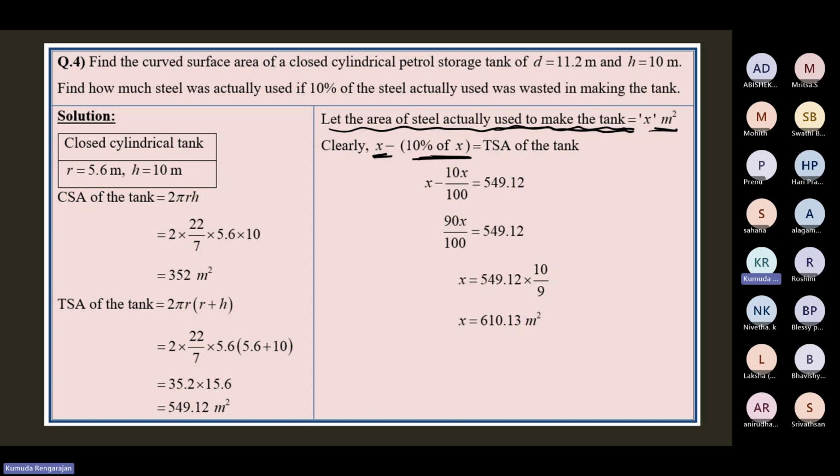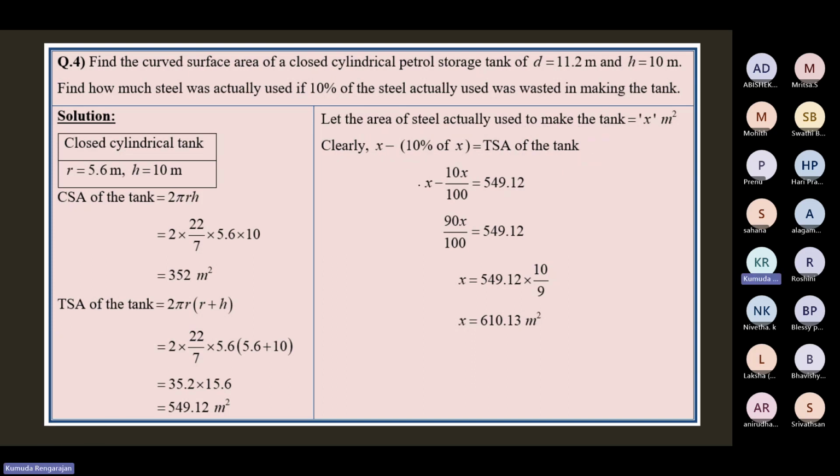So what you purchase minus the wastage, that remaining steel, where is it? It is in the body of the tank. And what is that body of the tank? It's the total surface area of the tank.